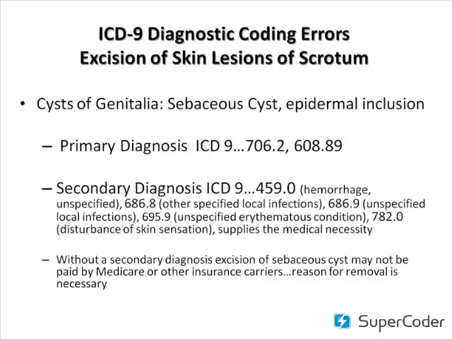It is important when billing for the excision of these cysts with the above primary diagnoses that we also include secondary diagnoses, which really give the reason for the removal of the cyst. 459.0 would be hemorrhage, 686.8 and 686.9, various infections and local infections of the cyst, 695.9, unspecified erythematous conditions, redness of these cysts, and 782.0, disturbances of the skin sensation, such as pain, such as itching.